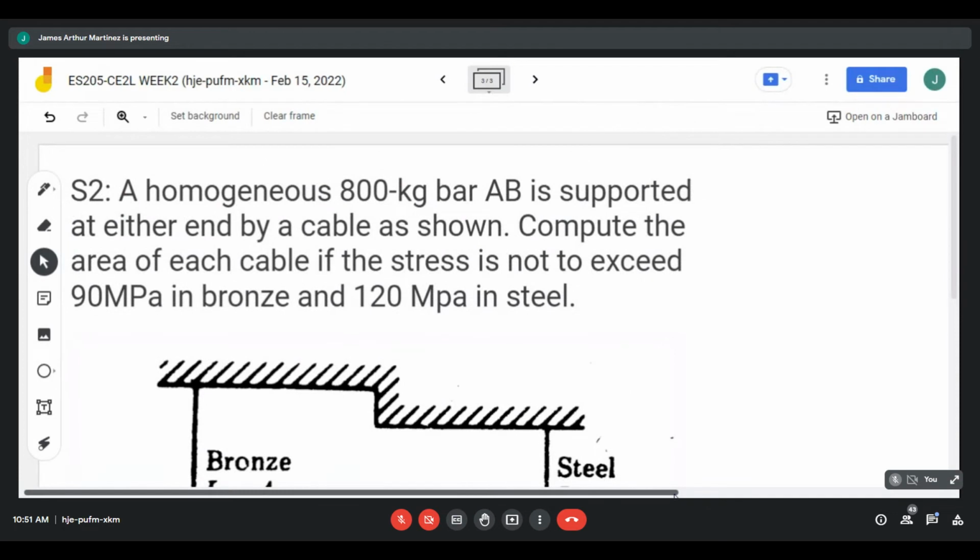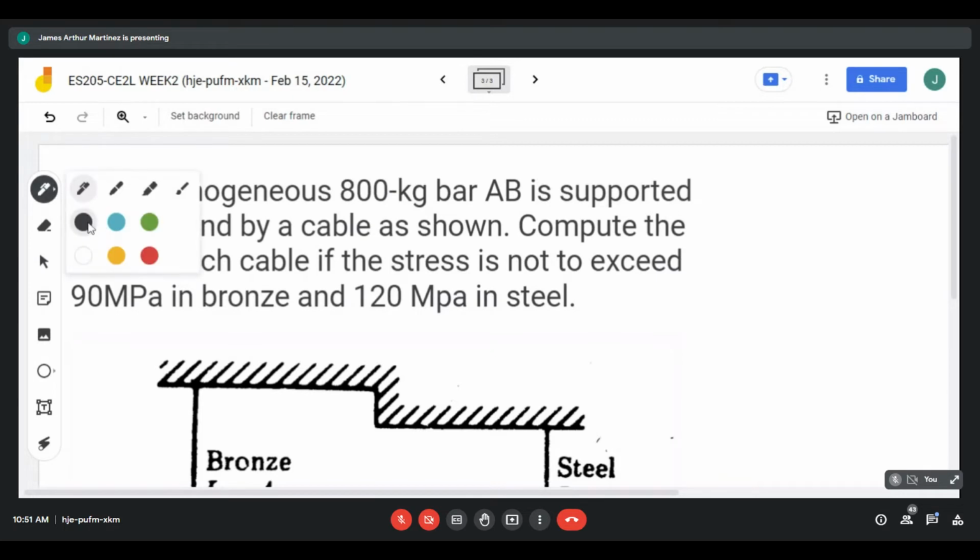Okay, so for sample problem number 2: a homogeneous 800 kilogram bar AB is supported at either end by a cable as shown. Compute the area of each cable if the stress is not to exceed 90 MPa in bronze and 120 megapascal in steel. So you are given limits of stress, or the maximum capacity stress.